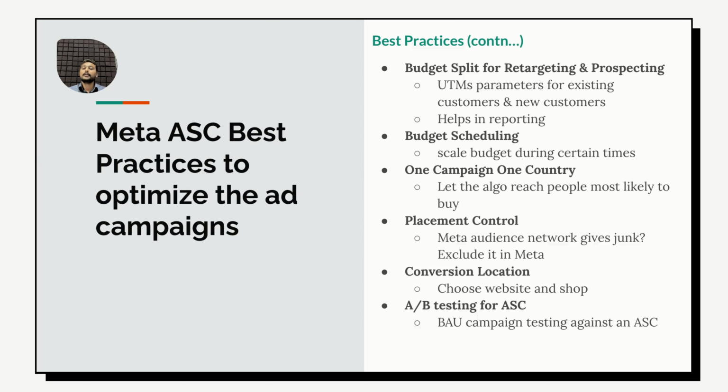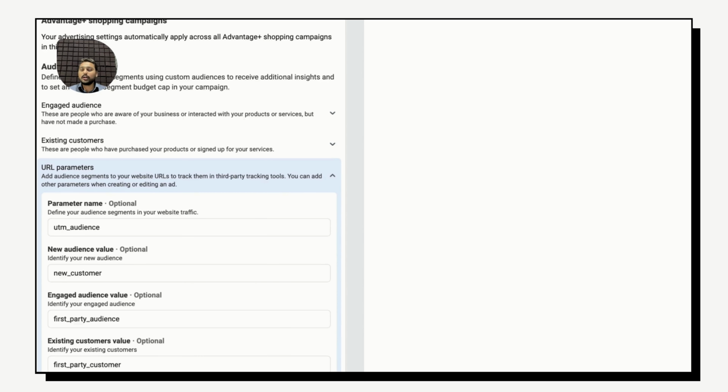Next, you can see how you can give the URL parameters at the ad account level for the advantage shopping campaigns. You can see how you can choose the existing customers, how you can choose engaged audience, how you can give the URL parameters for existing customers and new customers and everything.